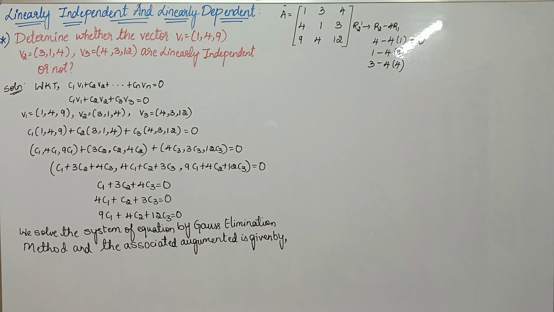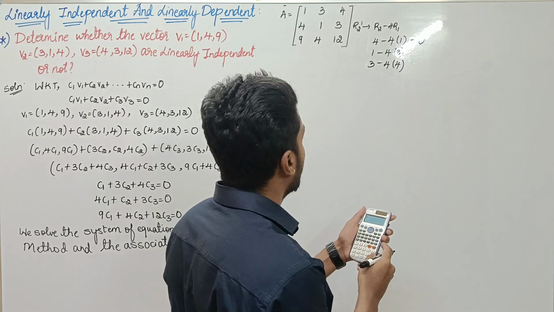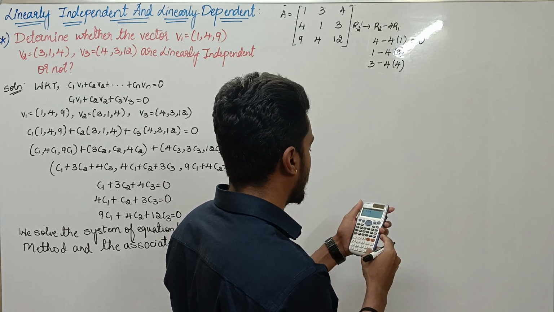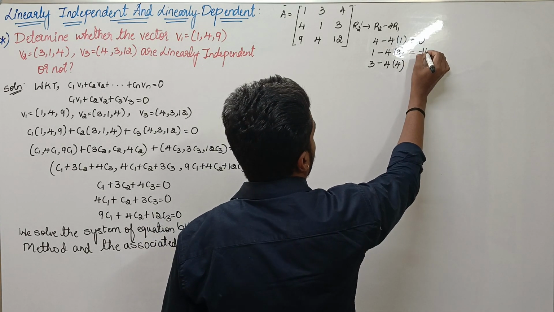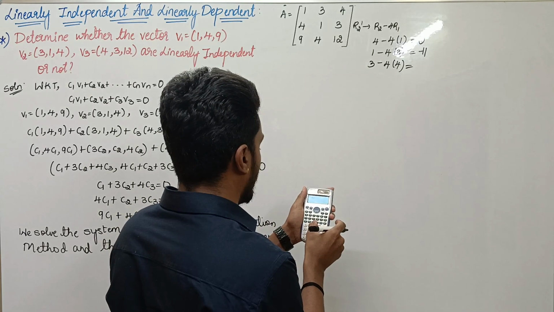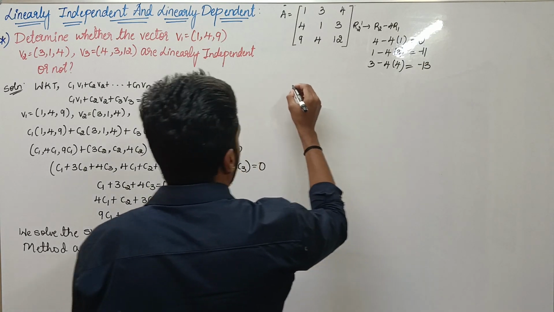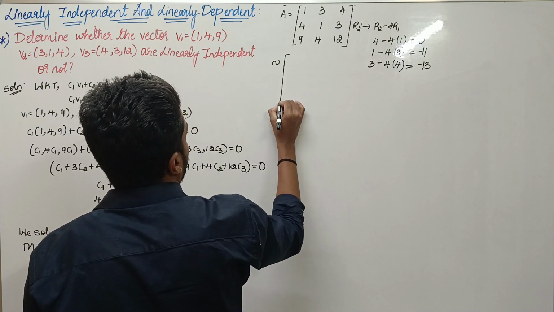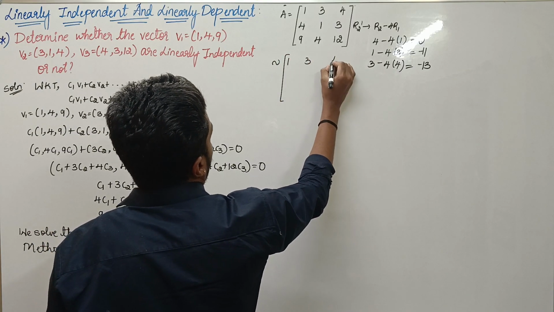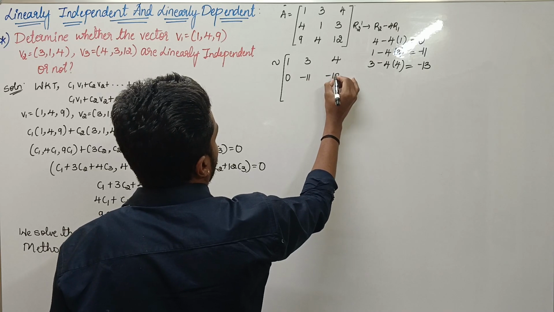Always use the calculator for the exact solution so that there will be no mistakes. 1 minus 4 into 3 gives minus 11. Next, 3 minus 4 into 4 gives minus 13, which is equivalent to 1, 3, 4, 0, minus 11, minus 13.